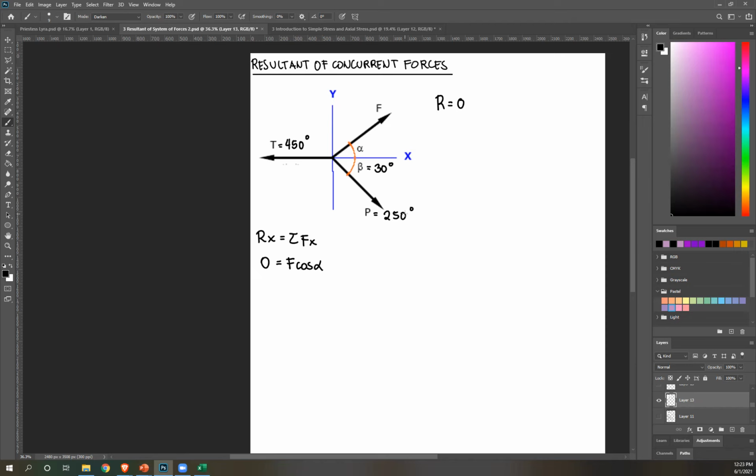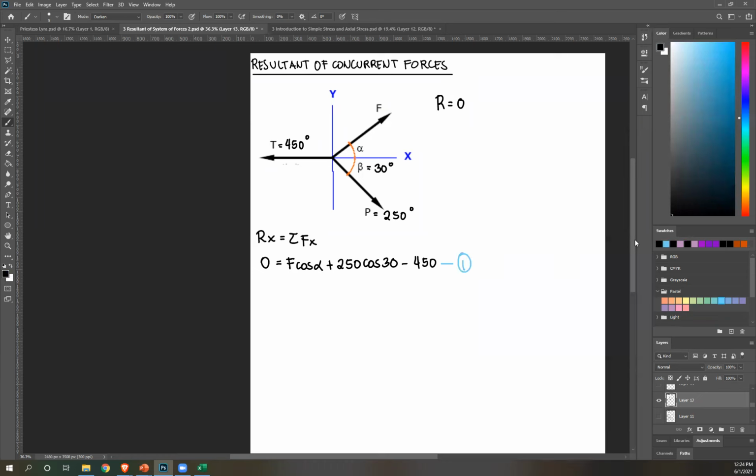Next, P is 250 to the right, therefore positive, so plus 250 cosine, given angle 30. And then we have T to the left, directly horizontal, so that's negative 450. We can't solve anything from here since we have two unknowns, so we just write this as equation number 1.